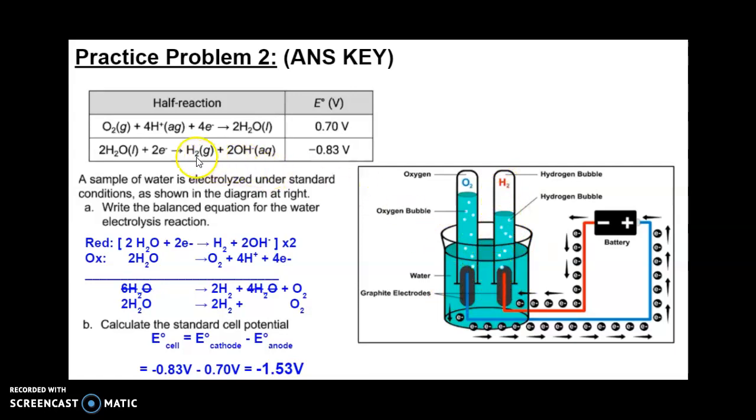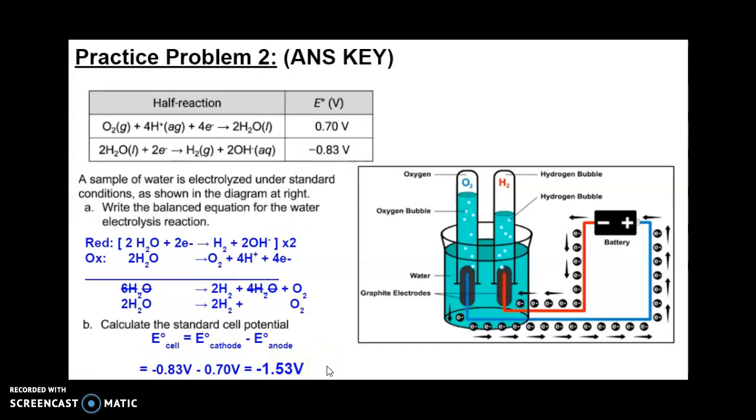So this is going to be our reduction value, reduction at the cathode, so that's why that value goes first. Then we have minus the value of the anode. Remember, we don't actually have to flip the sign. The equation has the negative sign built in there for us, so we're just going to take this 0.70, and then we subtract those two, and we get a negative 1.53.